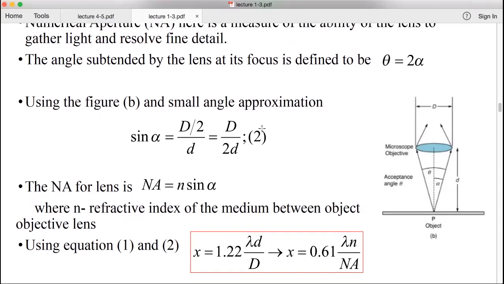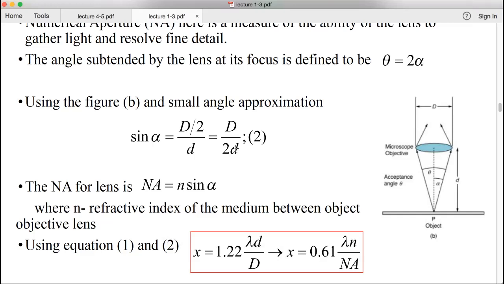You can combine these two equations. This is n sine alpha, alpha is D over 2d, and then you can use the previous equation and come up with this equation, x equals 1.22 lambda d over D. Or you can simply replace it, because most of the time when you work with optical microscopes, the numerical apertures are given, so it's easier to deal with the numerical aperture.